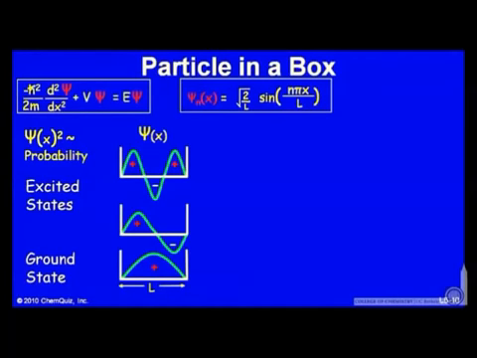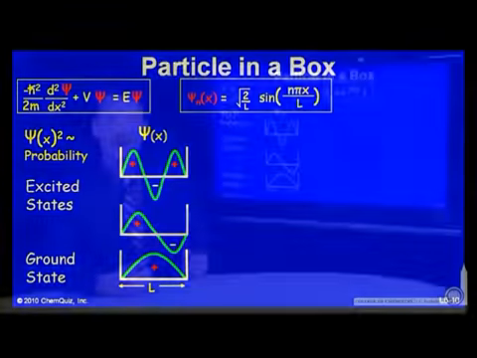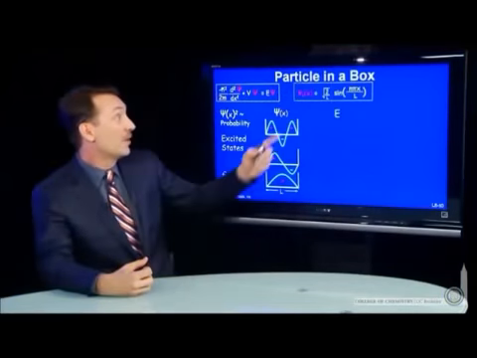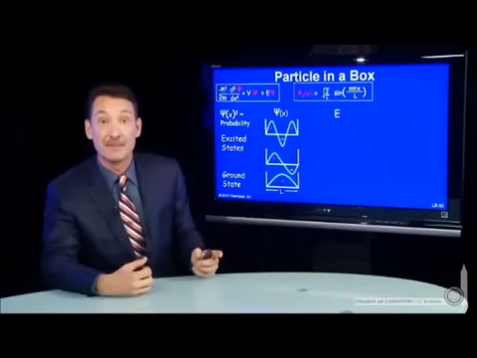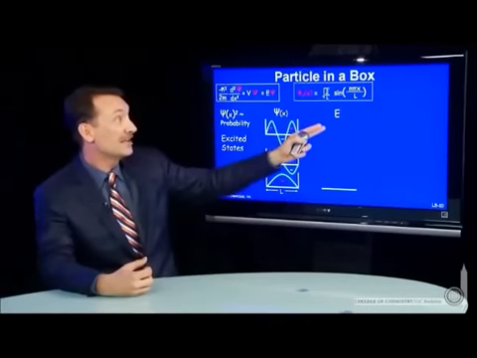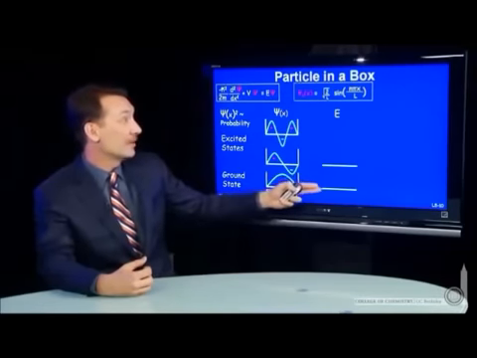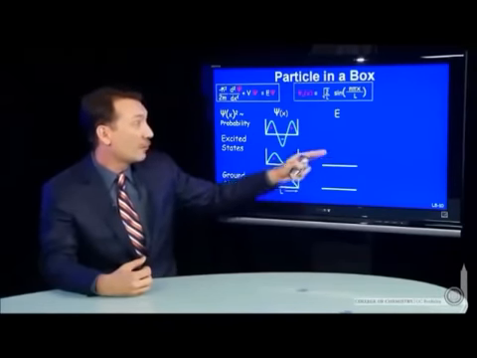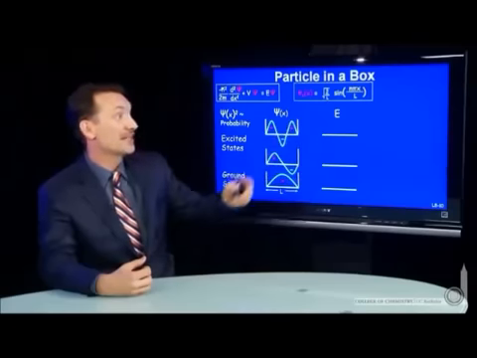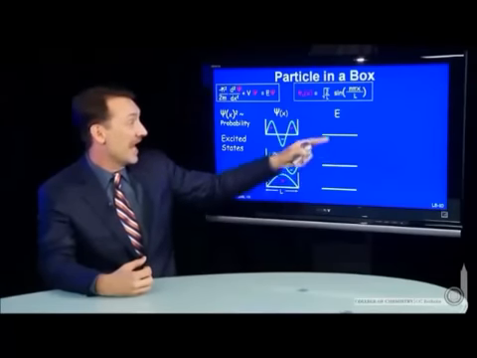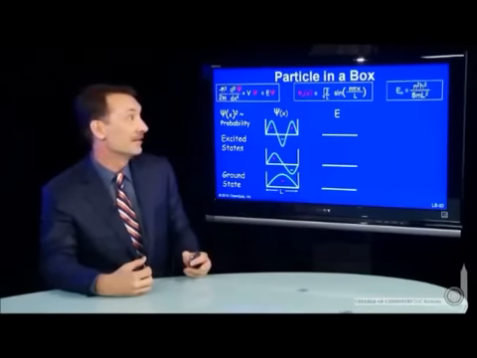So these functions psi give us the probability, when we square them, of finding the particle at various locations in the box. We can also say, well, what's the energy of that particle? We can calculate the energy using our expression for the wave function and the probability squared. And we can say, well, I'll rank the energy. These particles increase in energy as n increases.